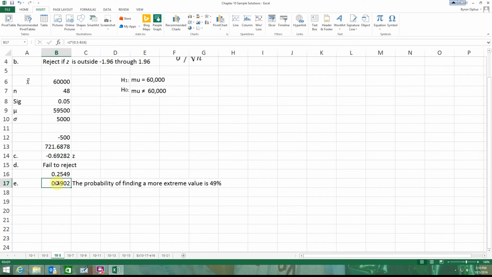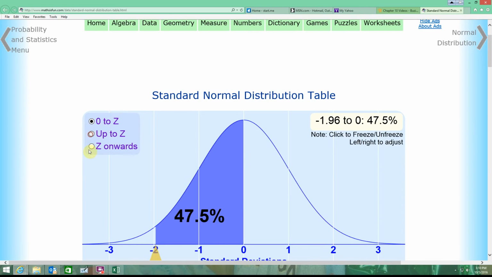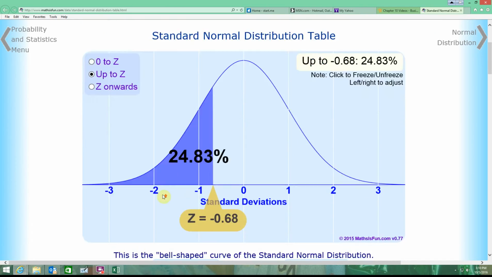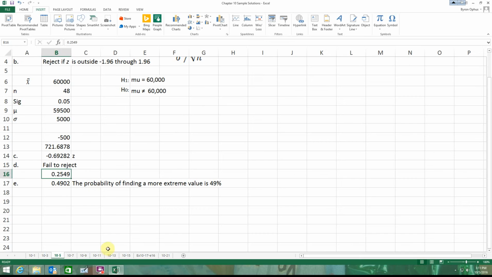So this is simply equal to, I'm sorry, it's this, which represents this part, right? 0.25 or 24, something like that, wasn't it? I don't remember what it is, 2459 or something. Somewhere in that neighborhood. But I need to know then what this part is, and so I've got to take that and subtract it from 0.5.